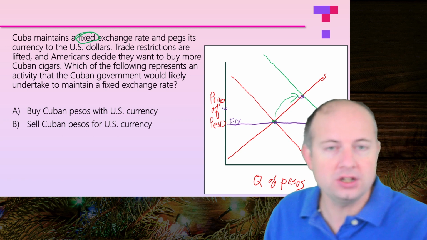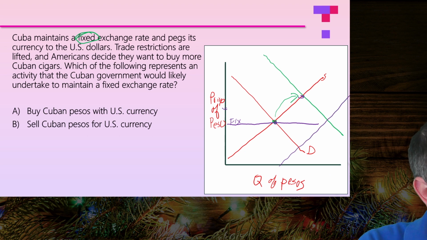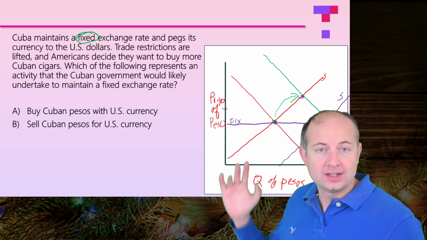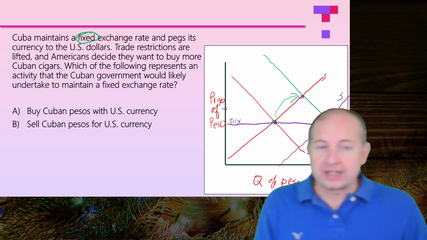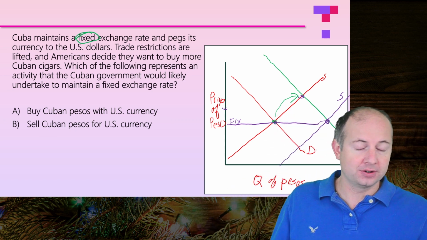And so what it's going to do is increase supply. So it needs to get supply to here, close enough, to get the fixed exchange rate back where it wants it to be. Okay, so I think hopefully we got that far, that demand increased, and so in order to get the fixed exchange rate where we want it, we need supply to increase as well.